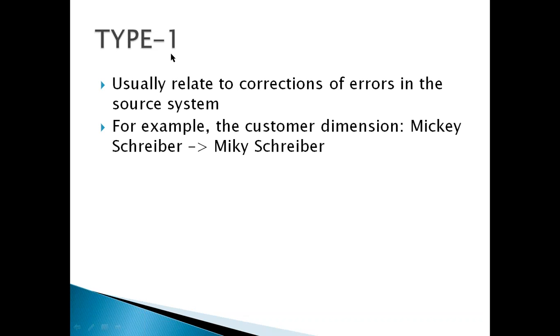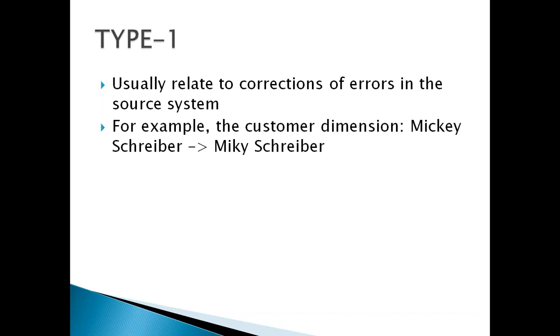Okay. So type 1 is related to the correction of errors that you get in your data. Usually it relates to correction of errors in the source system. The best example is my customer name is misspelled in the source data. I need to change it.